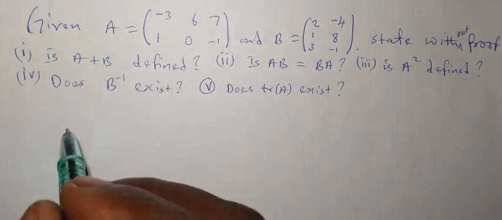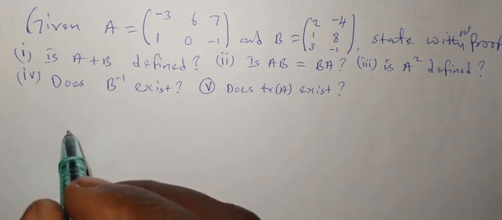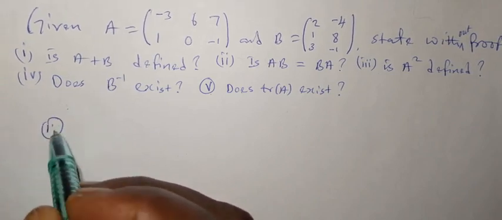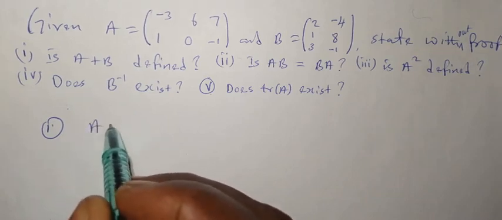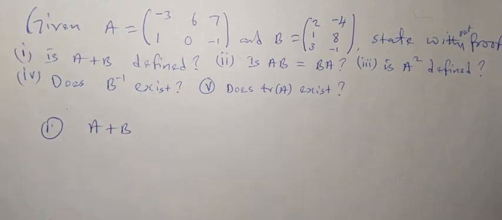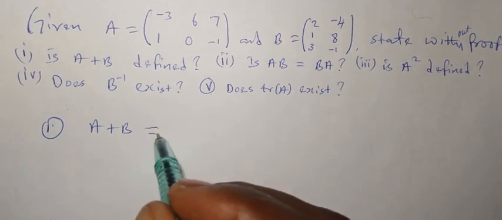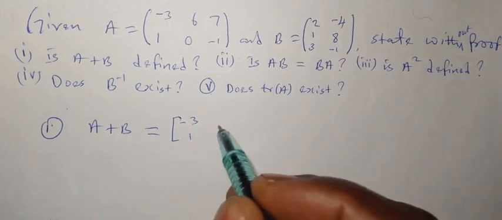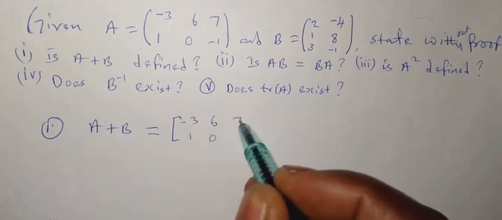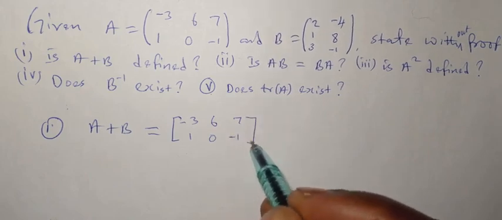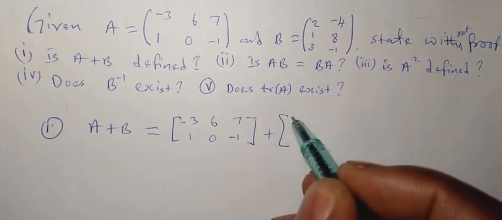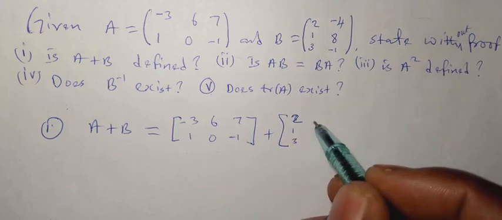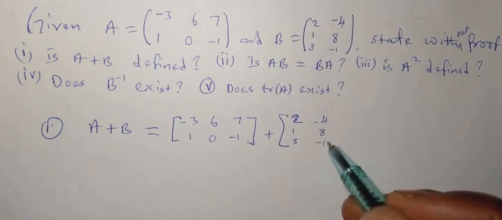One: is A plus B defined? Let me just start with that one. We are to state whether A plus B is defined. Written out, A is minus 3, 1, 6, 0, 7, minus 1, plus B, which is 2, 1, 3, minus 4, 8, minus 1.